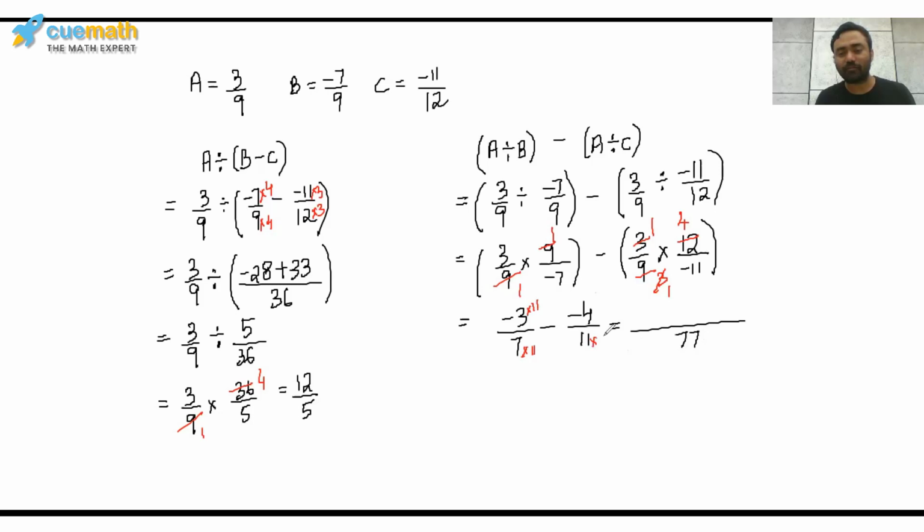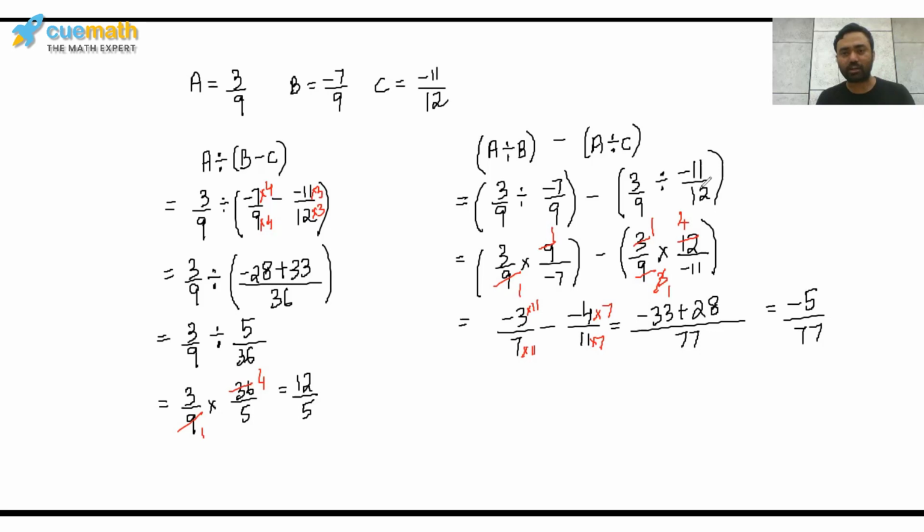Multiplying 7 here, the denominator will become 77. We'll have to do the same here. Now this becomes negative 33 and minus 28. So minus plus 28. So eventually we are going to get negative 5 over 77 as the value of the second expression.